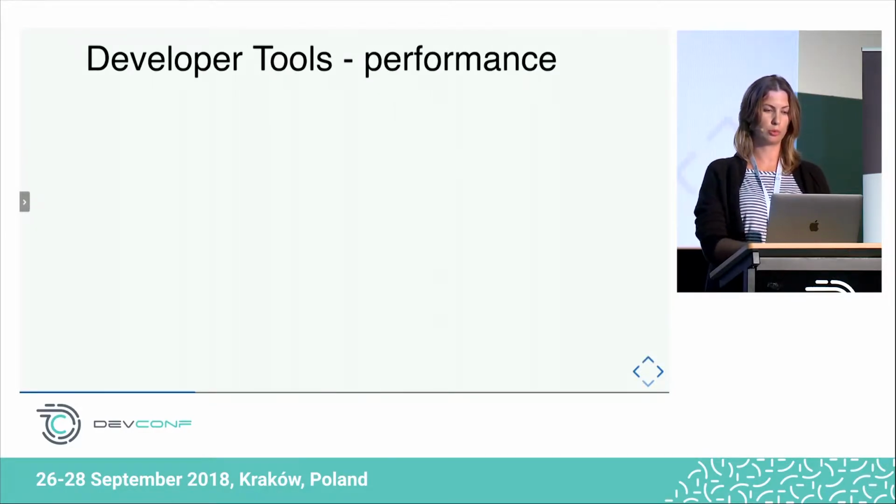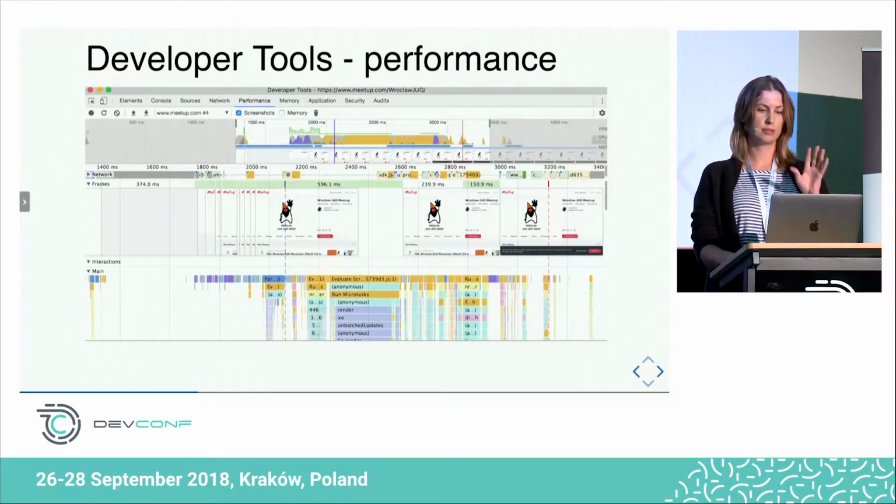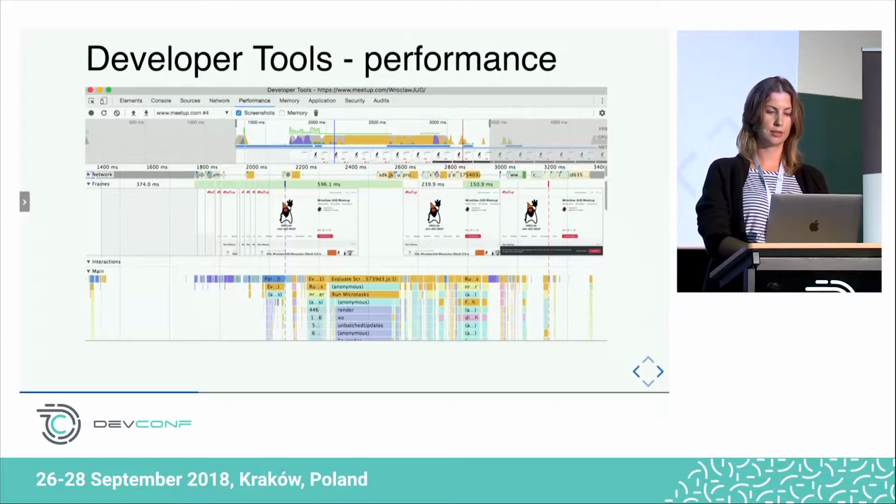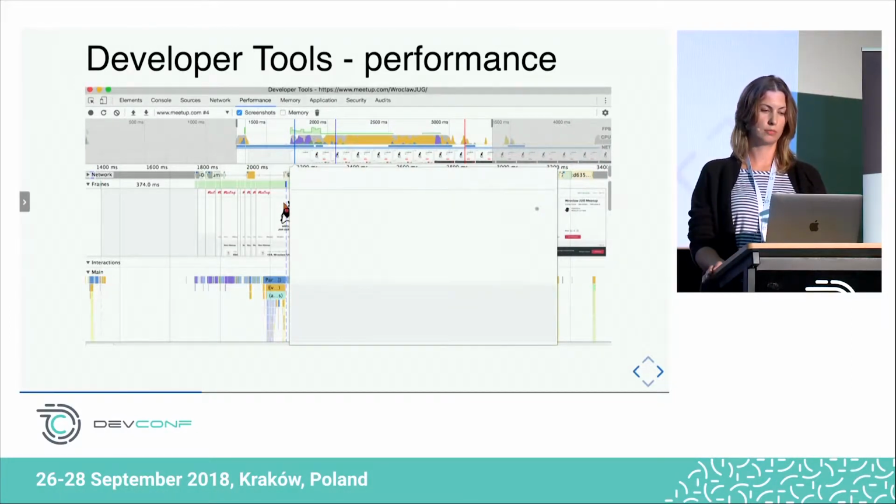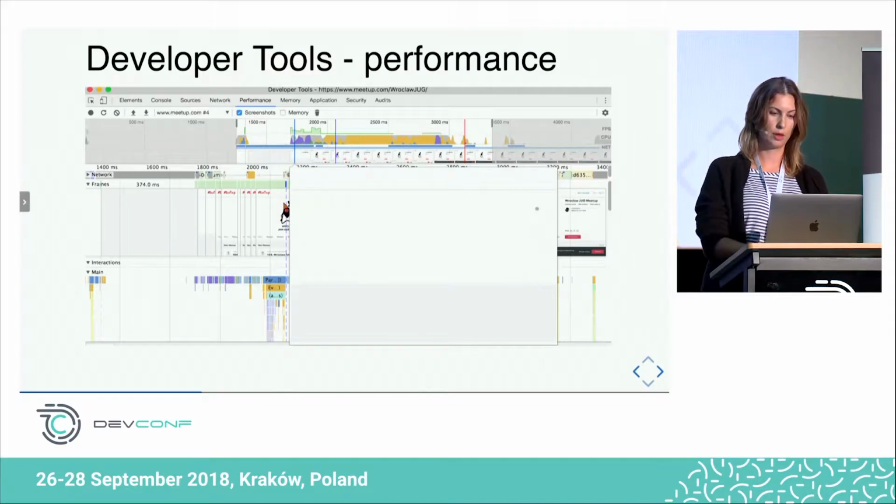If we talk about developer tools, there is also the performance tab. This one is a little bit messy, but the great thing about this tool that I really like is that it takes snapshots of the current look of the page. For example, I tested the meetup page, and as you can see, after almost 2 seconds, there's absolutely nothing on the screen, maybe one dot and some shadows.